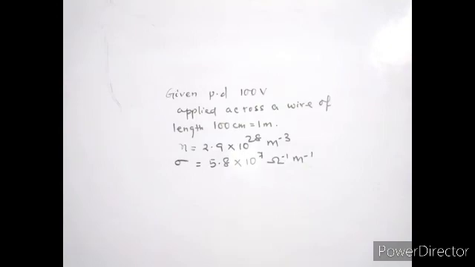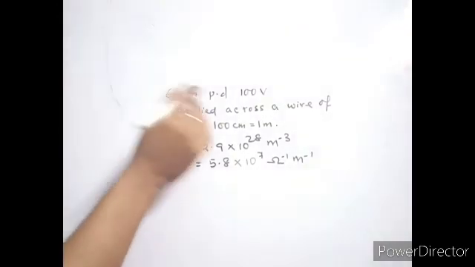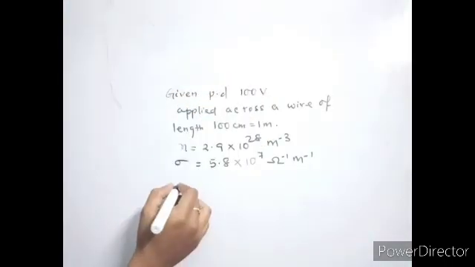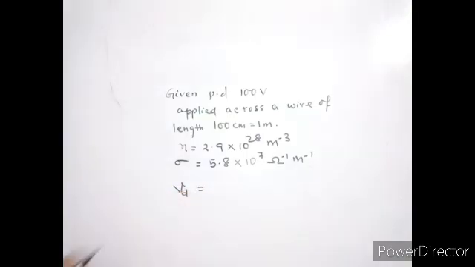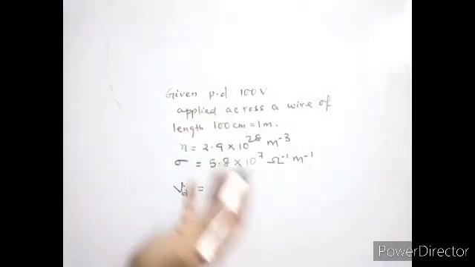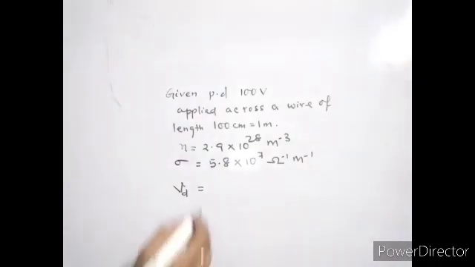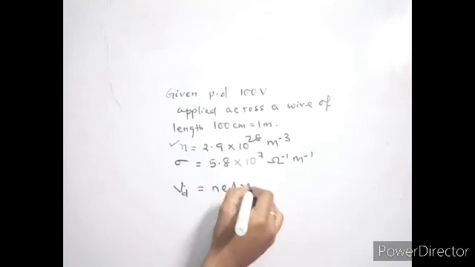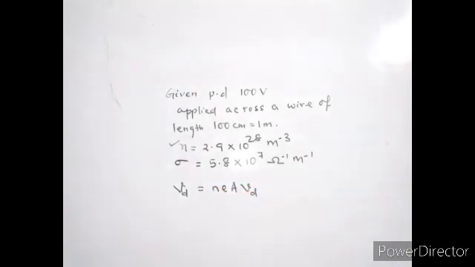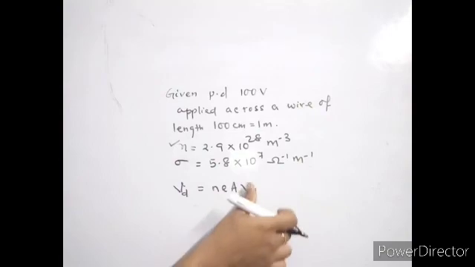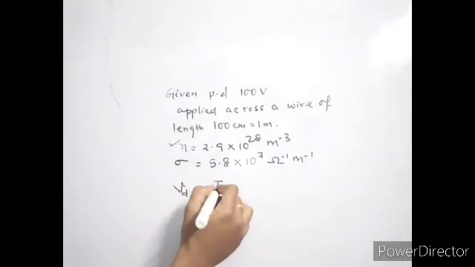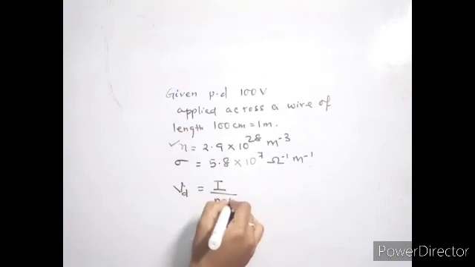Now as per the question, we are supposed to calculate the drift speed, and from all the values that have been given, we can use I divided by NEA.